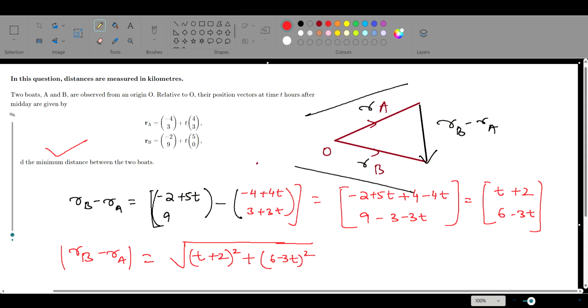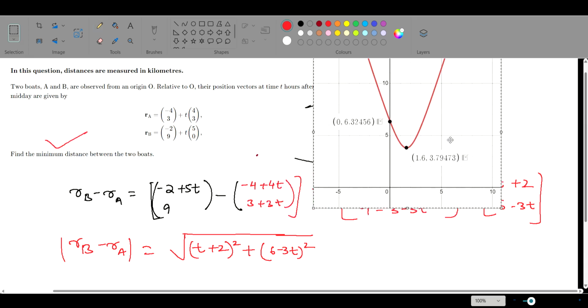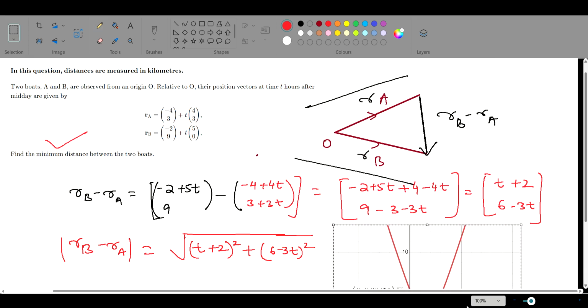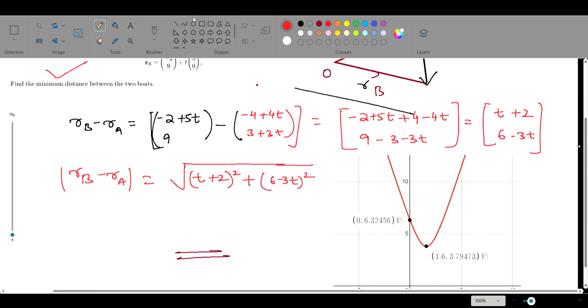I'm getting this graph. See, this is the graph I'm getting from Desmos. The coordinate 1.6 is the x coordinate, which is the time here.